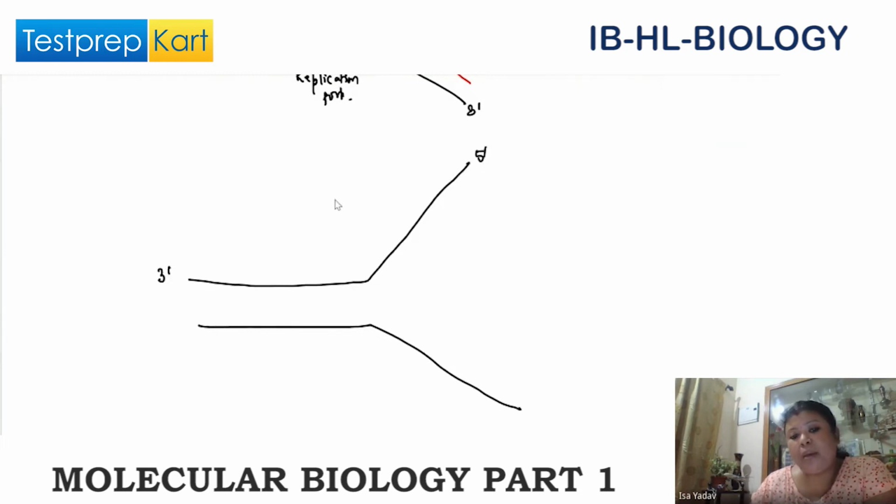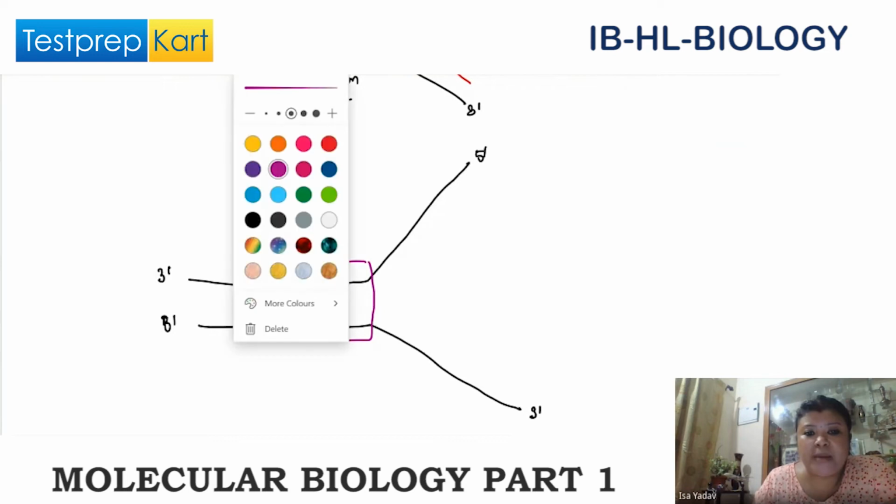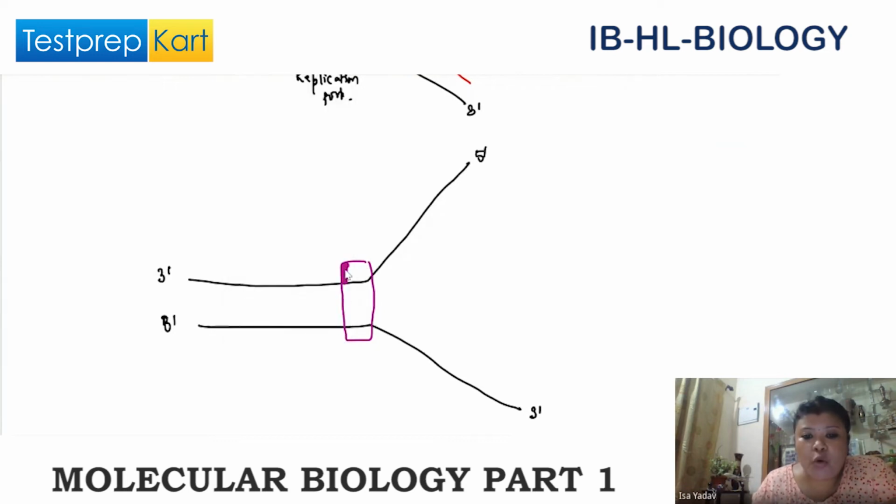So let's see here, if this is 3 prime. Please remember the 3 prime and the 5 prime. I'm making the diagram a little bit easy so that you understand. Now, what was here? We had an enzyme. I'm giving the same color.